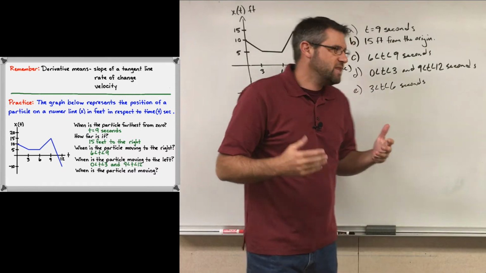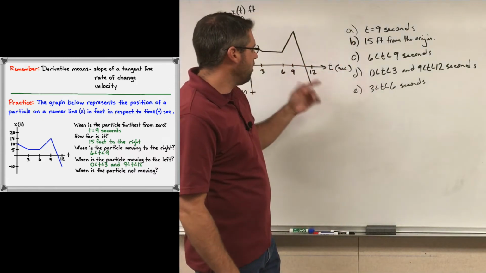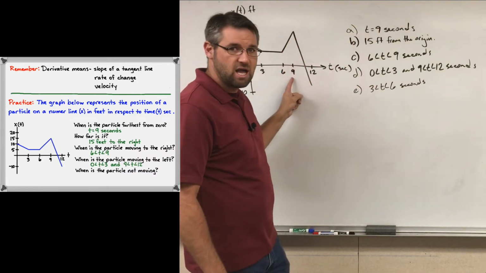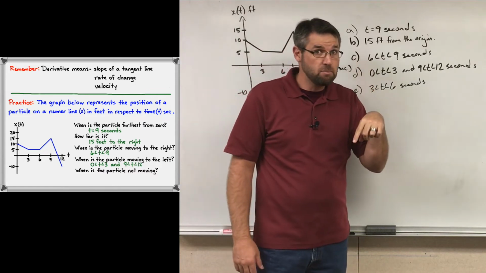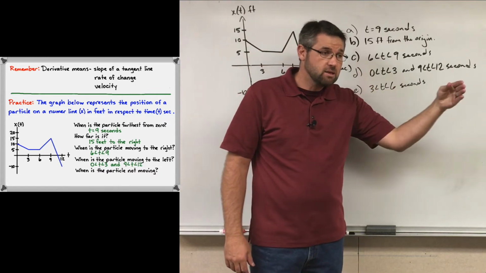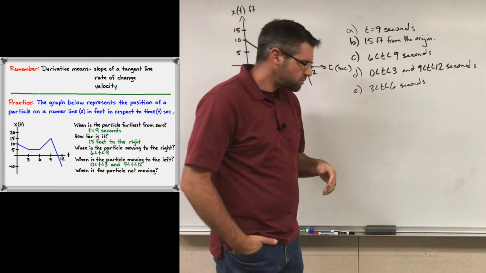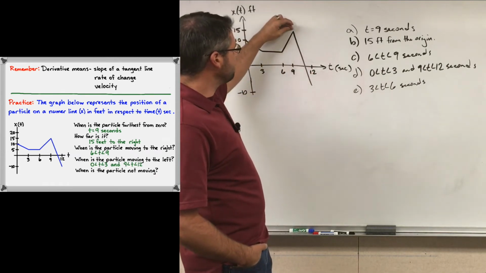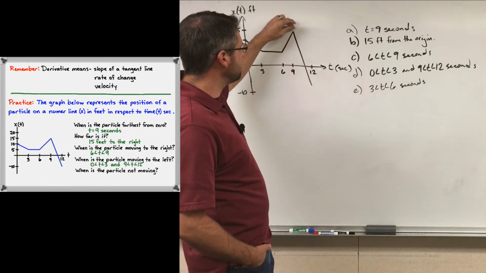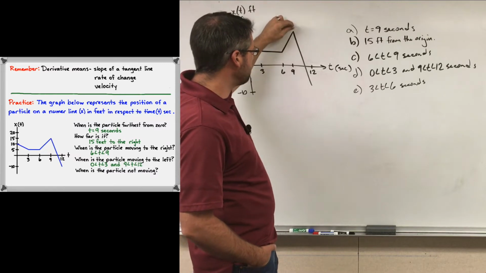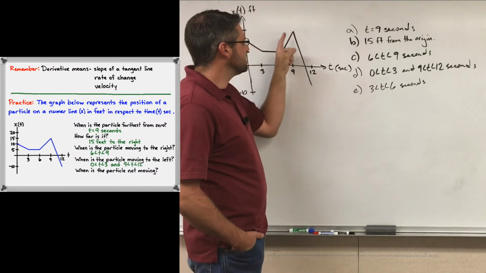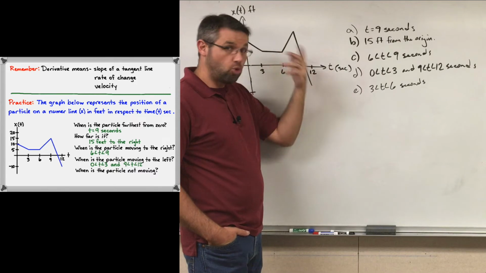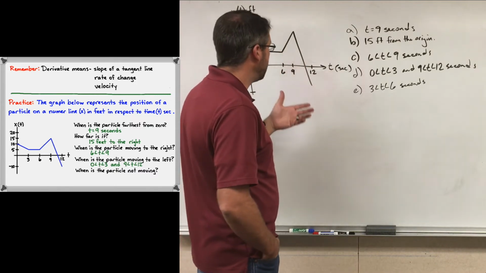So would that not imply that the particle stopped at t equals 9? Because if it didn't stop, that means it kept going in the same direction. Now we have to be careful here, because I would say that the particle didn't actually stop at t equals 9, because this is a nice sharp corner, what we talked about in the past, a corner.